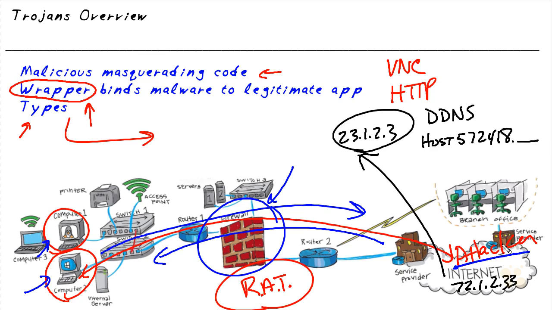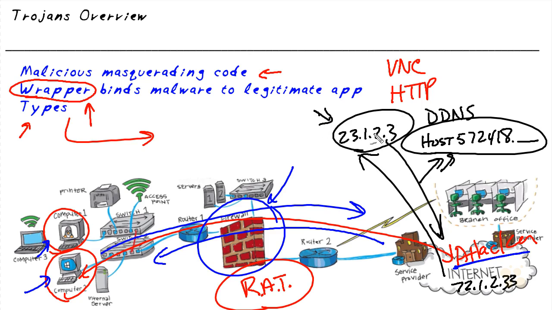And then when the attacker creates the Trojan, it will be directed to connect back to this host, which will do a DNS resolution for that host, which will go back to this IP address, which will then go back to the attacker. And if that address changes tomorrow to 23.1.2.130, the dynamic DNS will be updated regarding this host. And so tomorrow, when the computer does a name resolution of that host, it'll go back to the new IP address. And that way the attacker can hide his identity as he's facilitating these remote connections over to the victim.